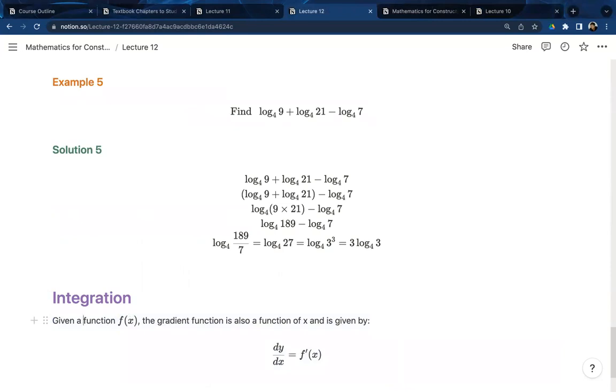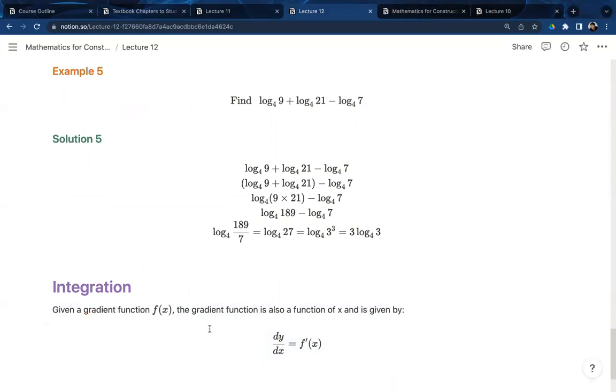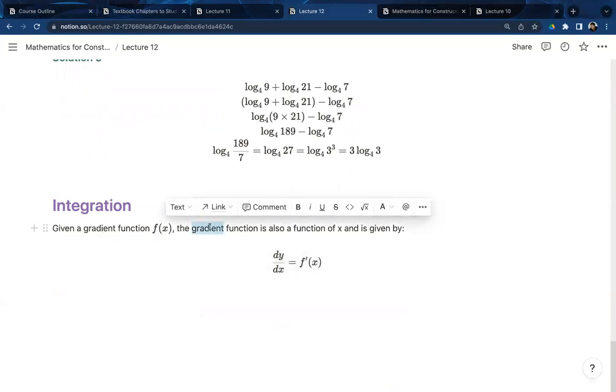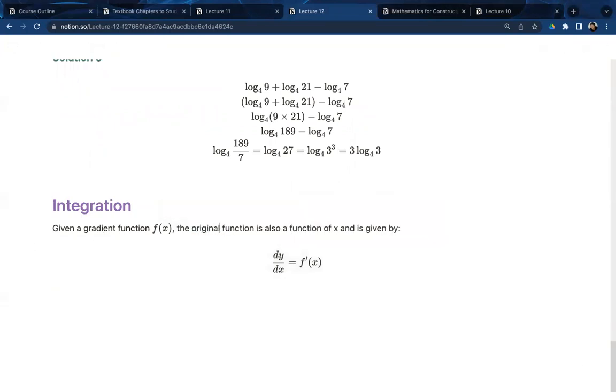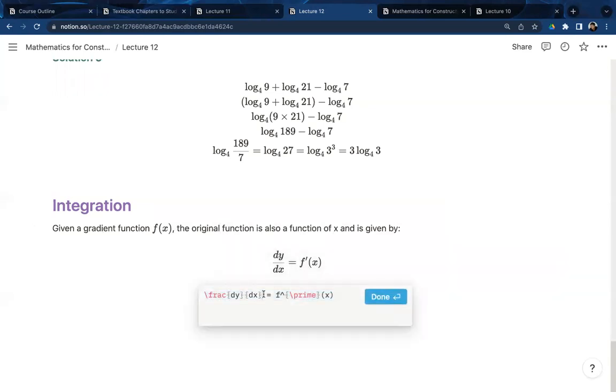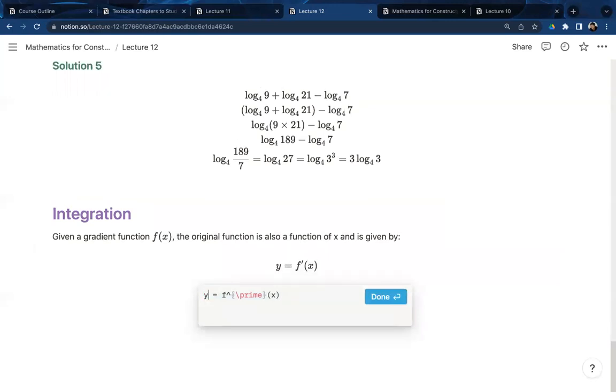So given a gradient function f prime of x, the original function is also a function of x most likely and is given by y equals.